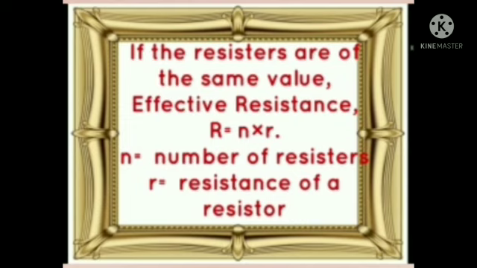At that time we can calculate the effective resistance by R is equal to n into r. This equation is used only if the resistors are of the same value.